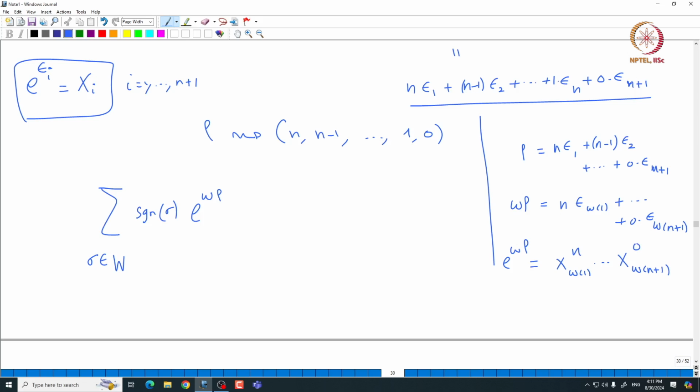So, that means this summation can be rewritten as the summation over sigma in S n plus 1 of sign of sigma x sigma 1 to the n, x sigma 2 to the n minus 1, etcetera, x sigma n plus 1 to the 0.